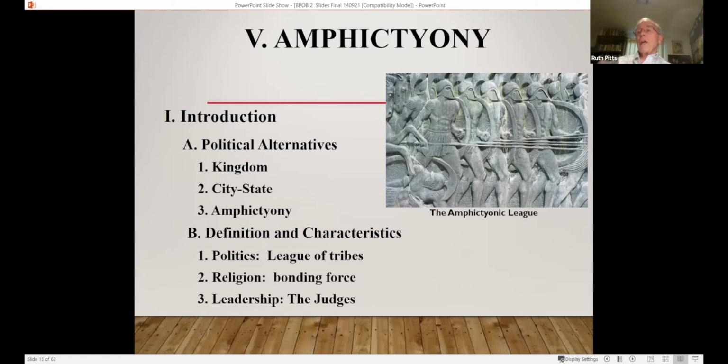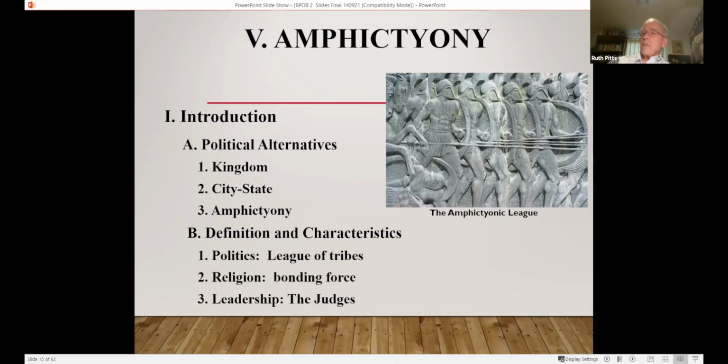But we're borrowing that concept to explain what we might call a sort of confederacy of these 12 tribes. So what is an amphictyony anyway? In politics, it's a kind of league of tribes. But the binding force in this league, the one thing that they hold together, is a common religion.